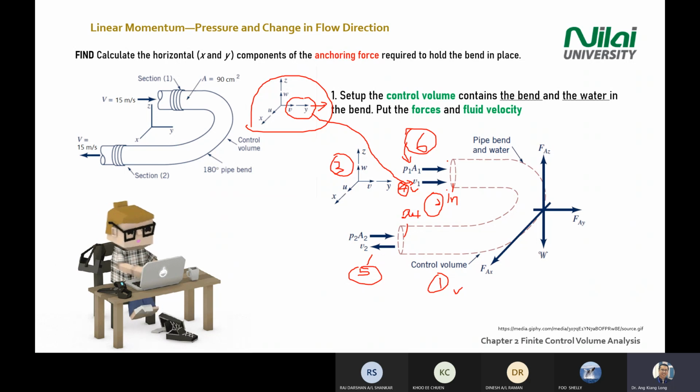On the left-hand side, you have the inlet, and again, you convert pressure into forces. You have to know how to convert pressure into force or force to pressure. In this case, you take pressure times the area of this section.